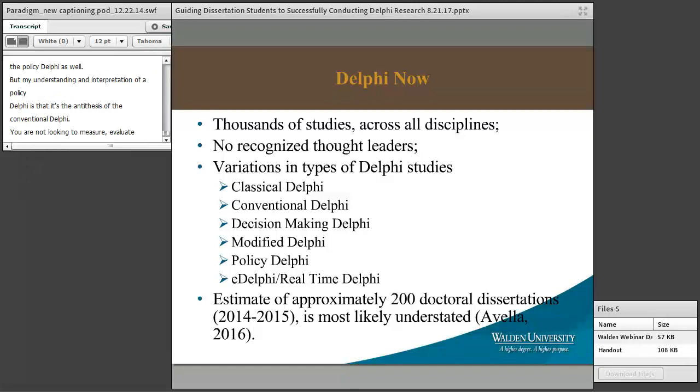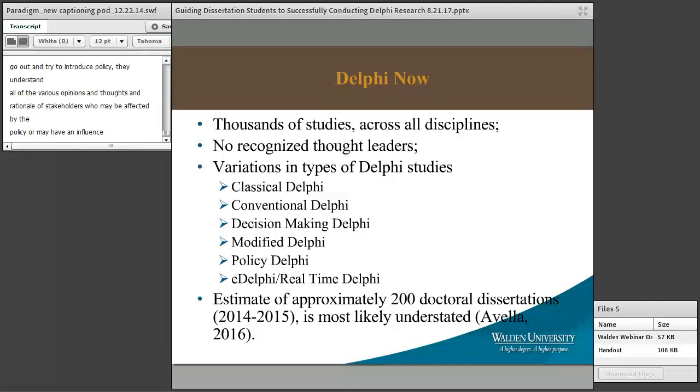What you're attempting to do is analyze and evaluate divergence of responses, such that when policymakers go out and try to introduce policy, they understand all of the various opinions and thoughts and rationales of stakeholders who may be affected by the policy or may have an influence in crafting the policy.